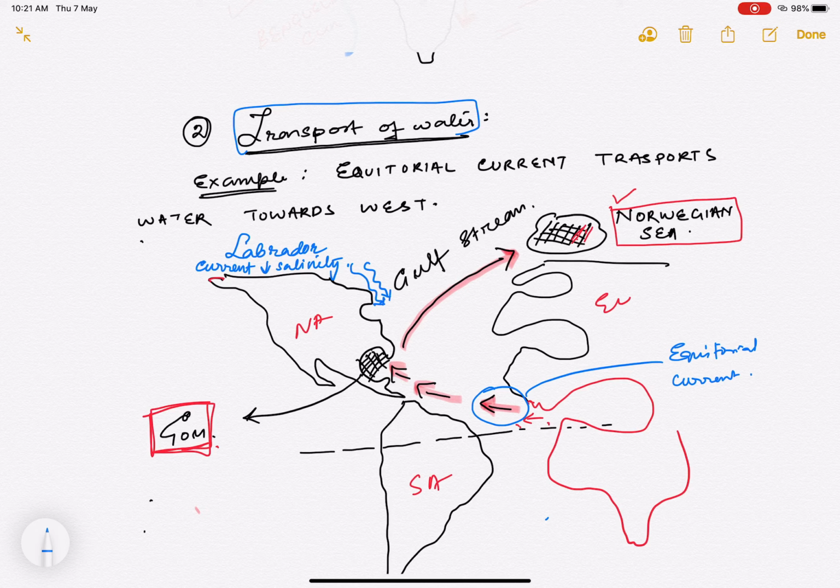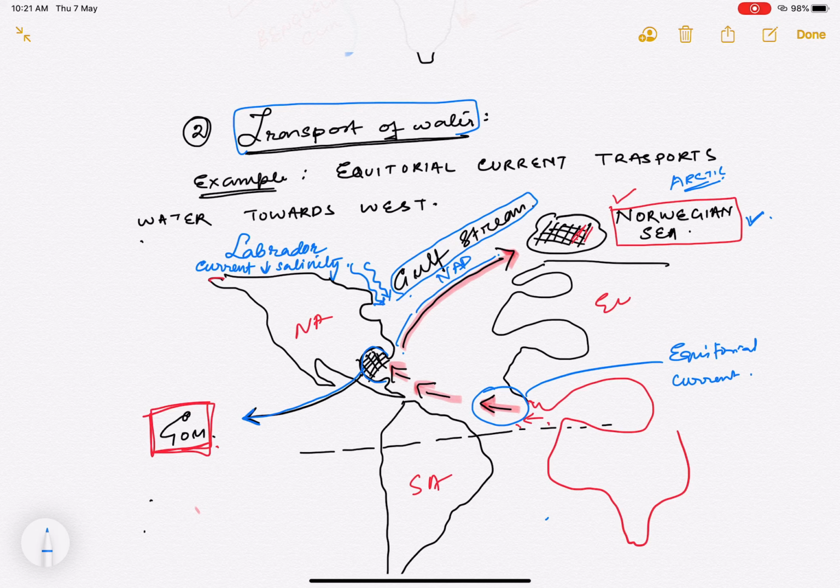They carry the saline water into the Gulf of Mexico. And from the Gulf of Mexico, we have the extension of the Gulf Stream in the form of the North Atlantic Drift. I have written this Gulf Stream, but this is the Gulf Stream and the extension is North Atlantic Drift. Now, North Atlantic Drift carries the more saline water towards your Arctic region, resulting in the Norwegian Sea, which becomes more saline.